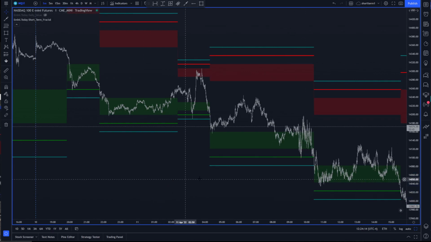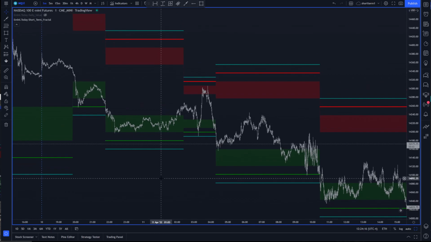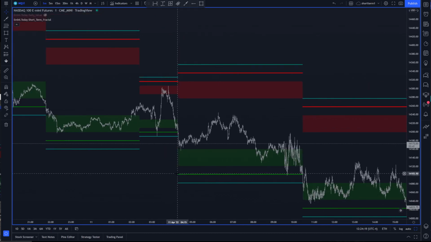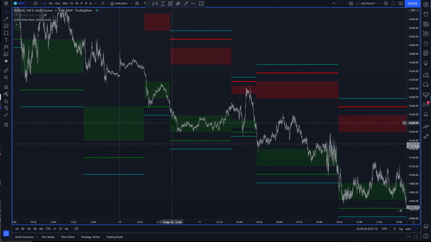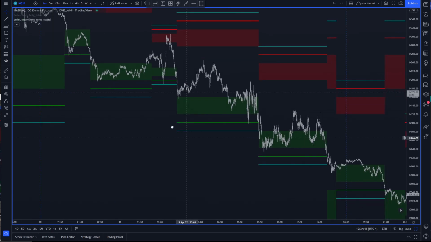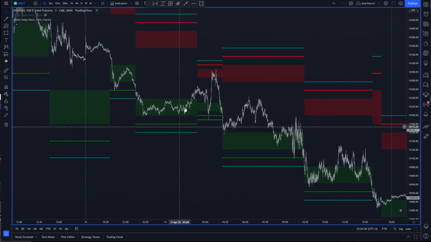Okay, but here's the thing which I would really like you to consider, that the best opportunity for this trade is before the market opens. The way you trade it after the market opens is a bit different. You can still trade it, and there's nothing wrong in trading these trades after the session opens.